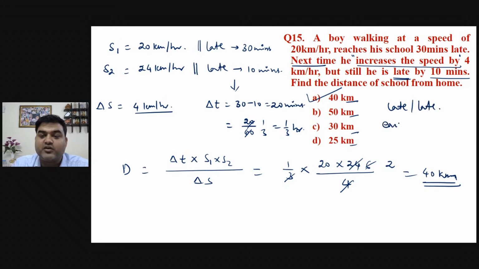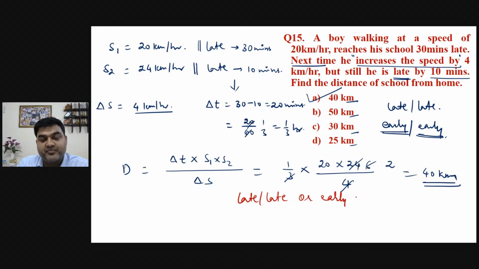Similarly, it can be an early concept also. Two speeds will be given and both times you are reaching early. So then also what should you do? Minus. So the concept to learn here is: whenever in a question they give late or early, then what should you do? Find the difference between the minutes, how much late or early it is given.